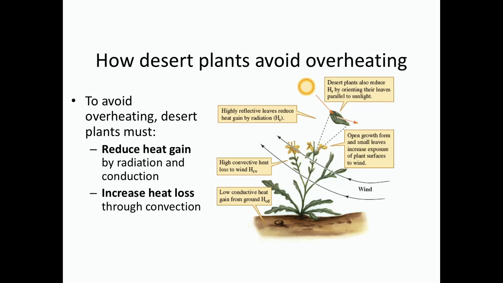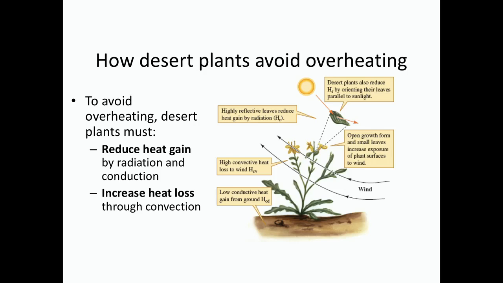So what things do desert plants do to avoid overheating? Well, they have to reduce their heat gain, and they'll do this by having smaller leaves, by orienting their leaves away from the sun, by not touching the soil surface, so having their limbs and branches be off of the soil surface so they're not getting that conductive heat gain.